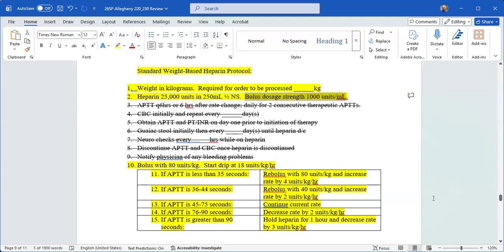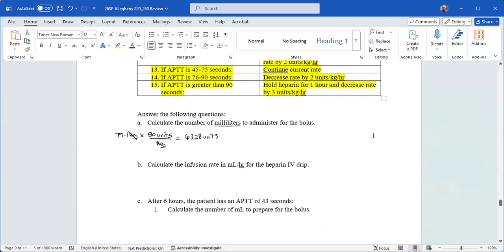If we're calculating for the bolus dose, then we're going to use the bolus dose strength available. So it's 1,000 units per milliliter. And so all I'm going to do is make that conversion. So you can do order of available if you want for this. I just write this out here so I can keep it organized in what I prefer.